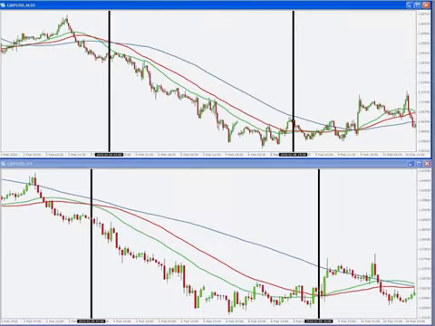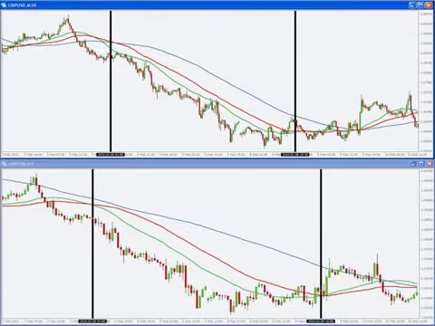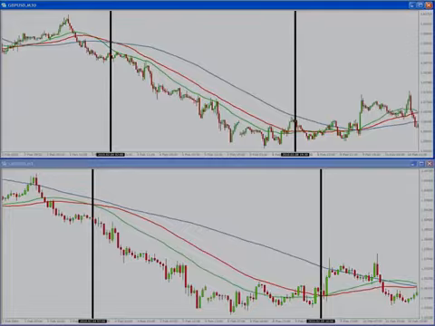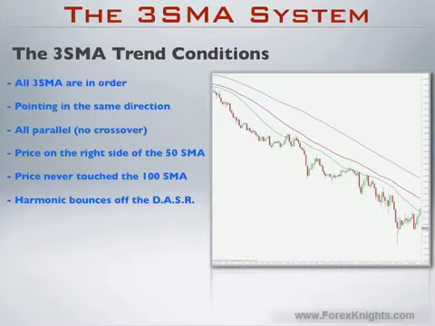Okay, that's how the dynamic area of support and resistance can not only help you define the optimal entry point, meaning the optimal bounce point, but also the correct time frame to follow that trend on.